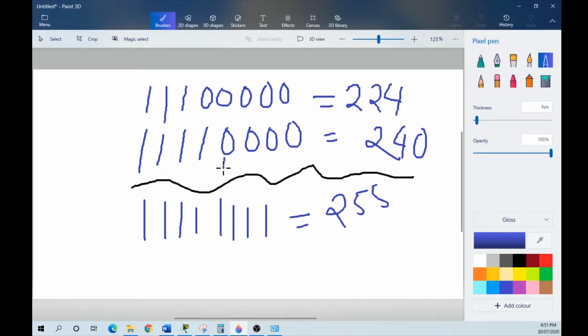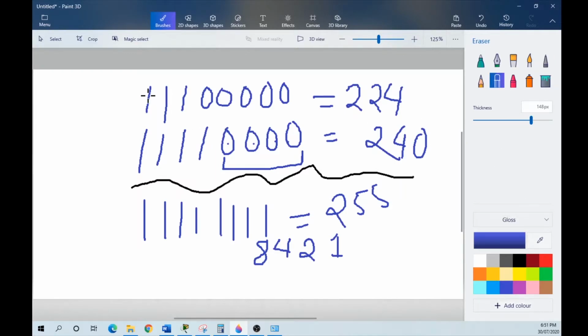And if we see zeros from the right, the corresponding decimal values will be 8, 4, 2, and 1. In this one, let me erase some part here.